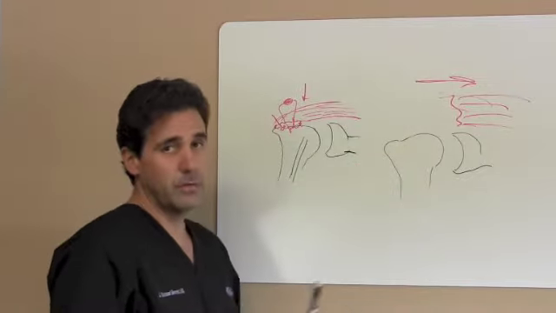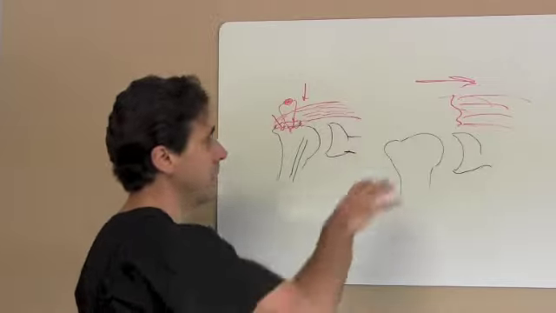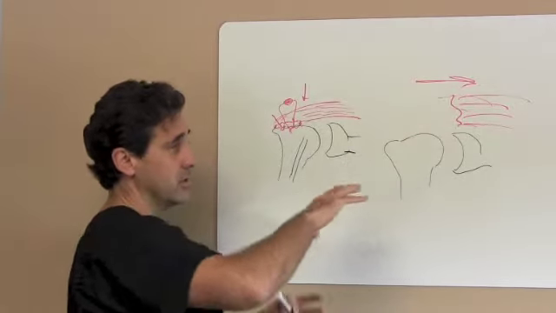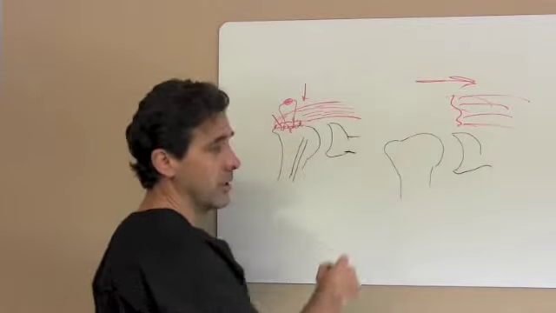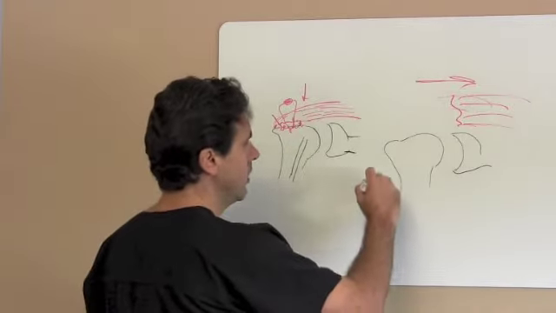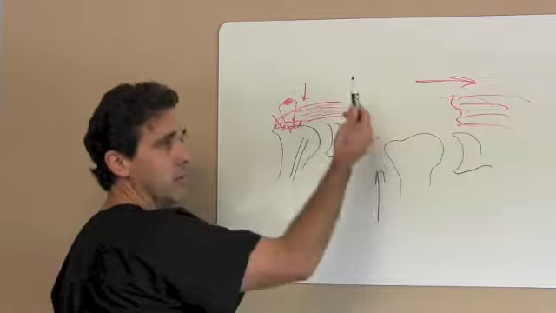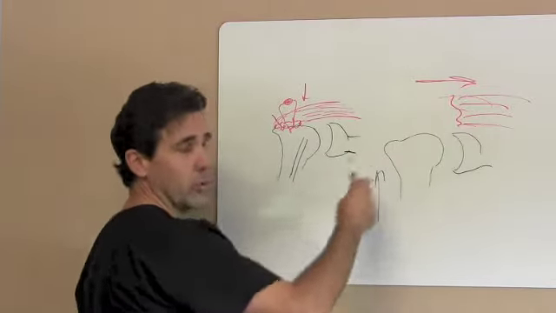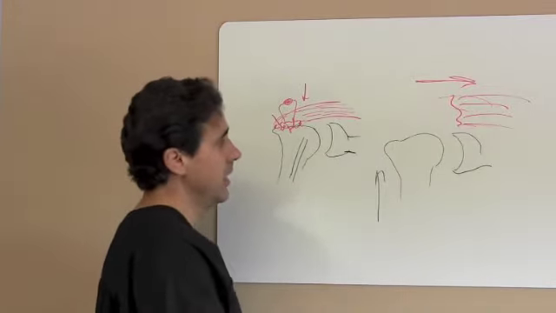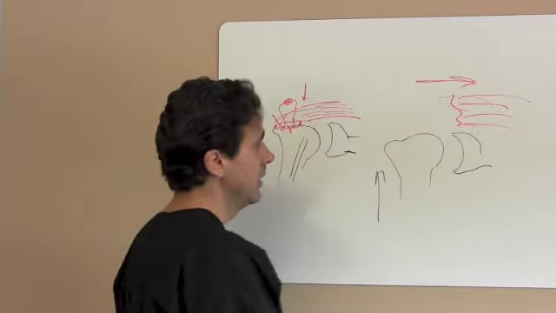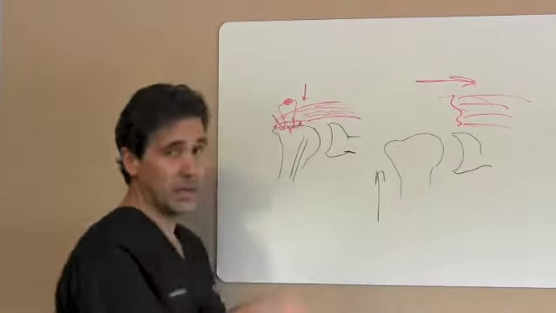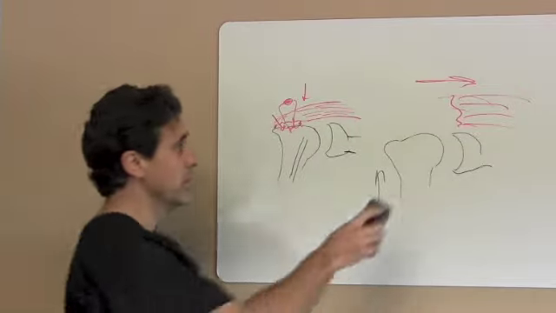So what happens if you have no muscle or tendon there to help create a stable construct for your ball and socket mechanism? You get what's called humeral migration, where the humeral head here migrates up. When the humeral head migrates up, then this construct is off kilter. So this now is not in alignment with the socket anymore.